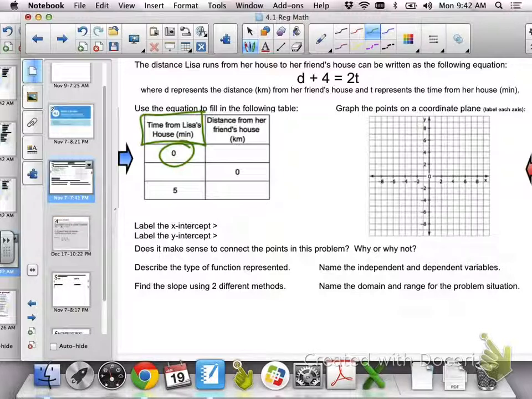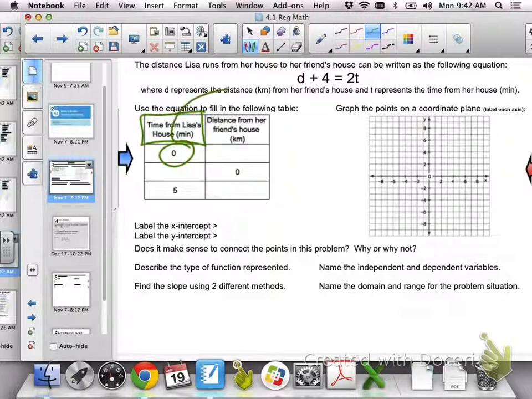As a team right now, I'm going to give you a minute or two to chat, probably 30 seconds. What am I going to do to get my distance if my time is 0? Take a second to chat. Ready, go. What am I going to do with that 0 for t? What do you think, Sebastian?